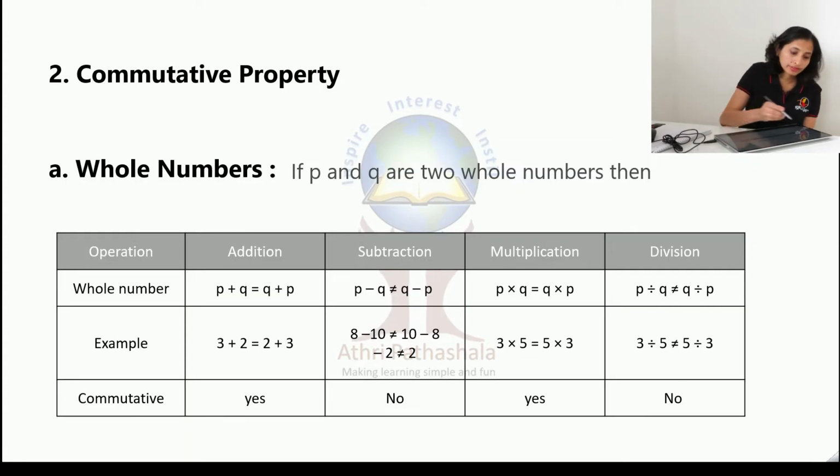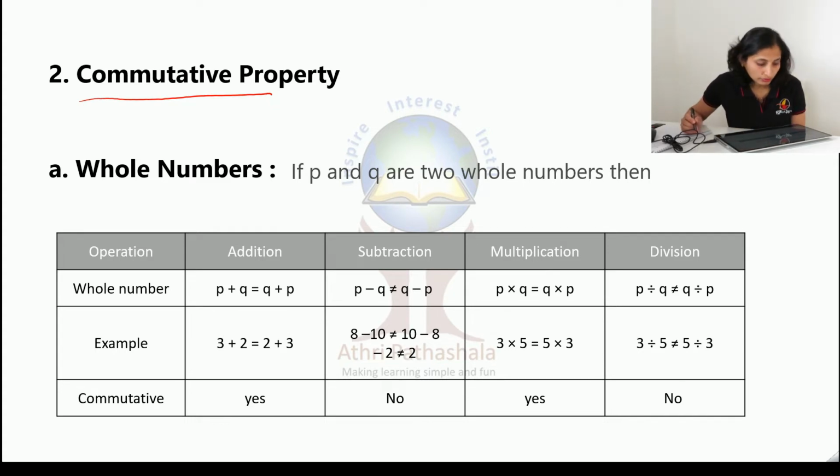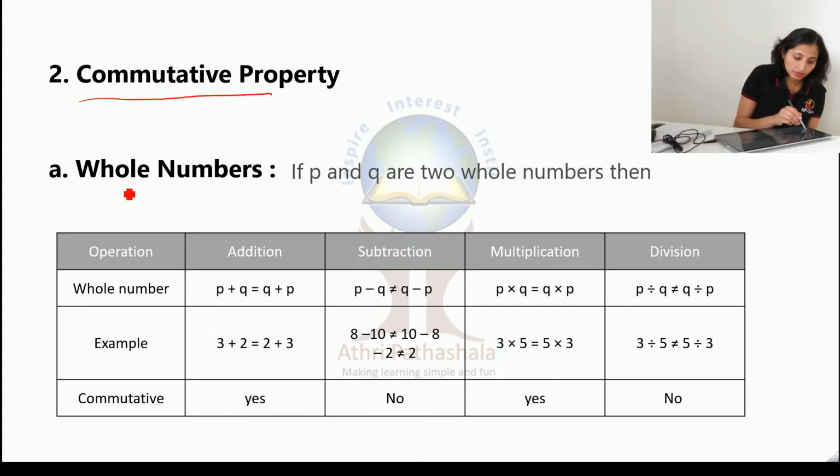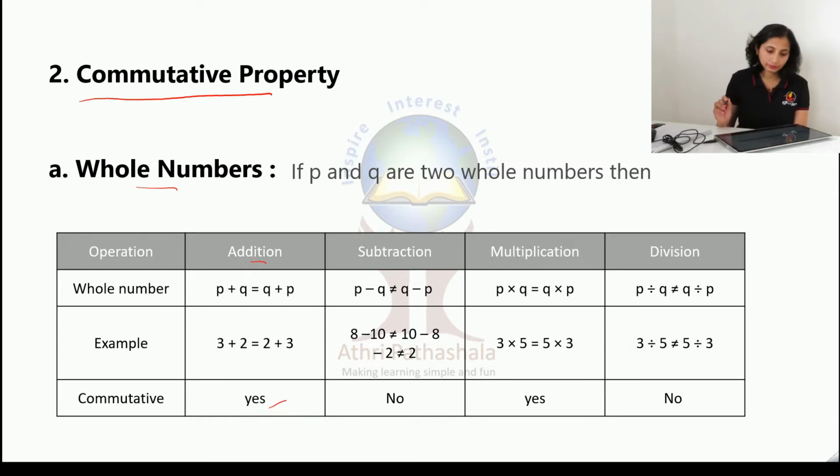Next property is the commutative property. For the whole numbers, under addition it is commutative, and for subtraction it is not commutative. Commutative means if you take any two numbers and interchange them, the answer should be equal.